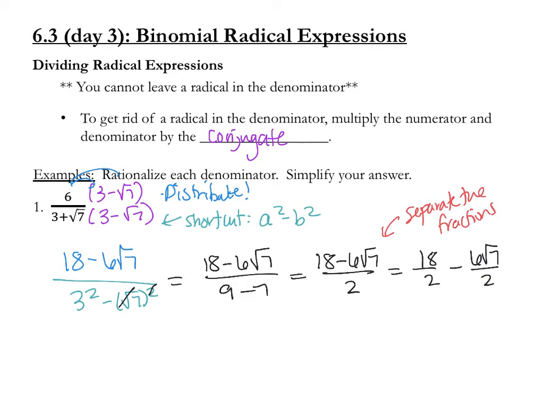Both parts have to get divided by 2 to get your final answer. 18 divided by 2 is 9, 6 divided by 2 is 3, and that's going to keep the radical 7. So that is my final answer for number 1, 9 minus 3 radical 7. I know that I can have that as the final answer because I got rid of the radical that was on the bottom. There's no longer a radical when we do the conjugate.